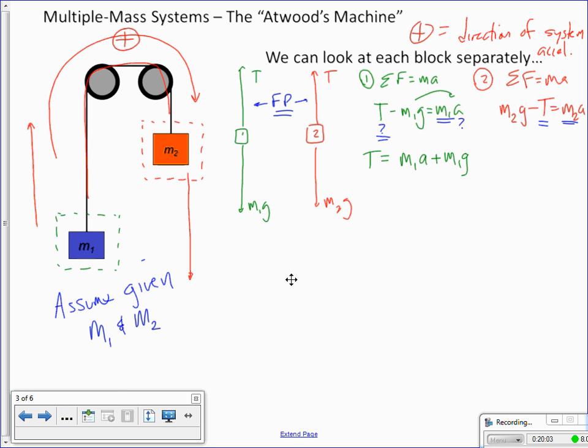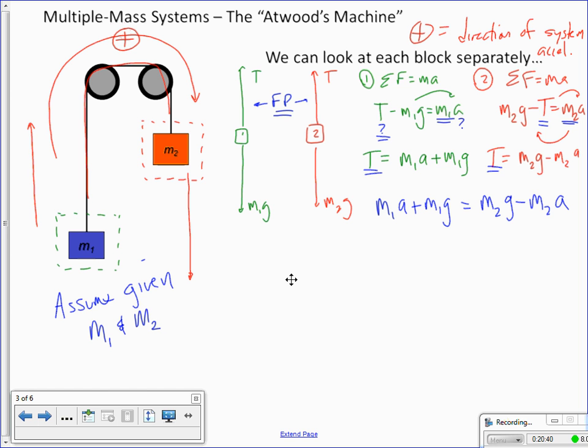Over here, I'm going to move the T over here and move that over here, and I get T equals m2g minus m2a. And now I can set those two expressions equal because same rope, same tension. So I get the following. m1a plus m1g equals m2g minus m2a.